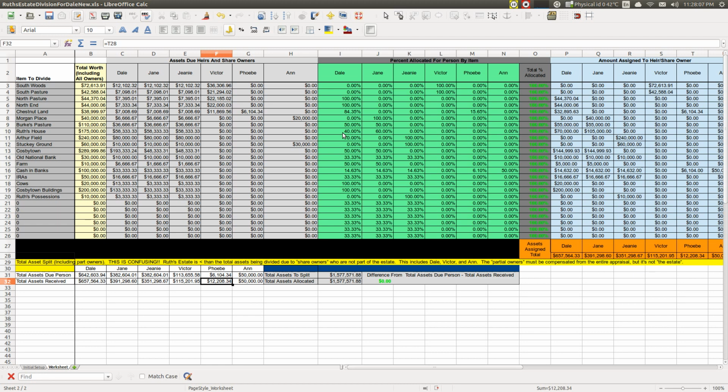And that's because I originally made the assumption that James and Paul would like to be bought out of the chestnut place. But since they agreed by us just by example, we're going to come up here to cash and banks and see. I paid Ann out with cash.